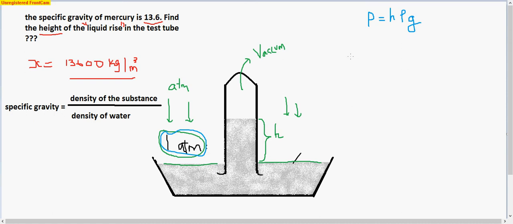Now, how much Pascal is 1 atmospheric pressure? I've told it before. It's 103,000 pascals or Newton per meter square, is equal to H rho g. We don't have H, right? We don't have the liquid rise over here. Now, what is rho? The density. We'll calculate the density.